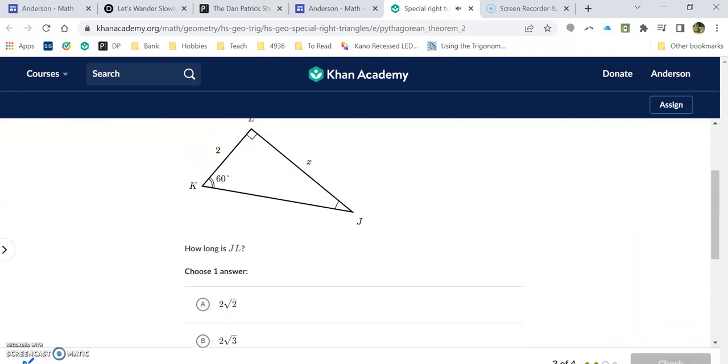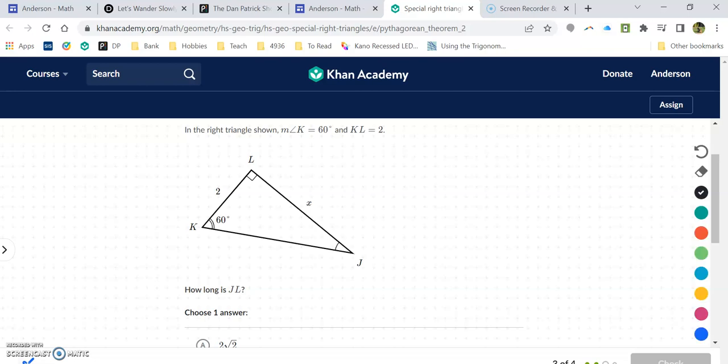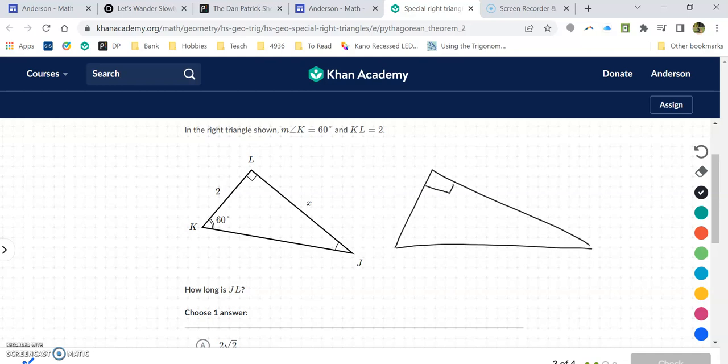All right. We have a 30, 60, 90 triangle. Same thing, draw an equivalent triangle next to it. Looking at my sheet, opposite 30 is my x, my hypotenuse is 2x, and opposite 60 is x square root 3.